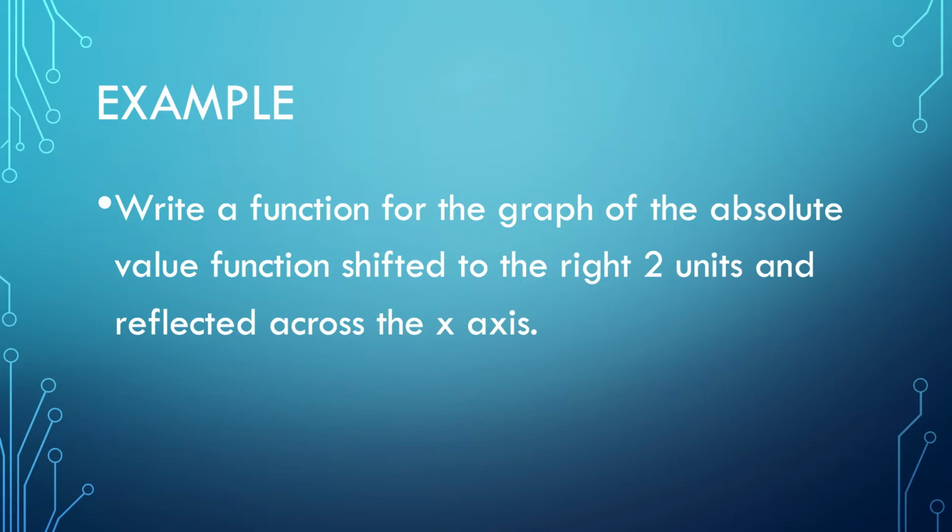For our next example, we want a function of the graph of the absolute value function, shifted to the right 2 and reflected across the x-axis. So again, absolute value function, remembering that from your library of important functions, your absolute value function is the absolute value of x.